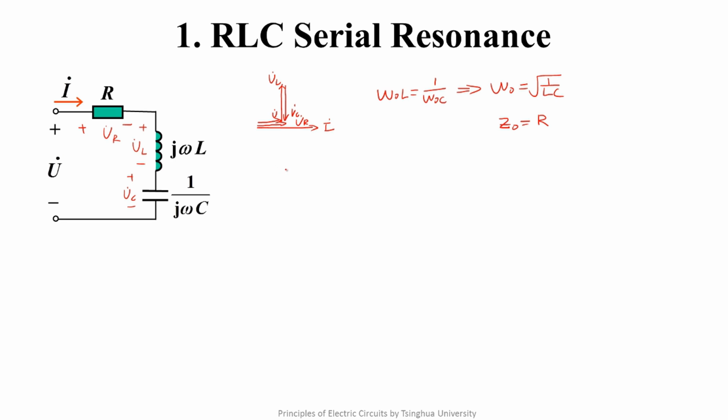Firstly, we calculate the current. Then we focus on the voltage of the energy storage elements in resonance respectively. The first is the inductor's voltage. By substituting the resonant angular frequency into this expression, we get this.